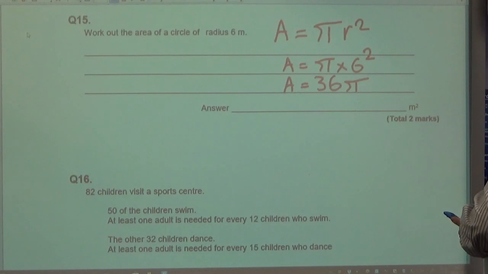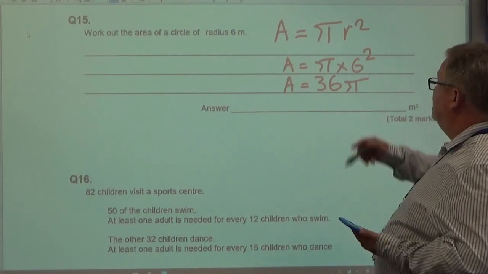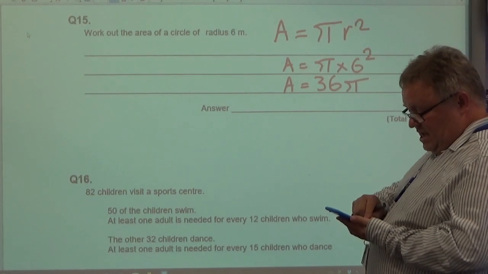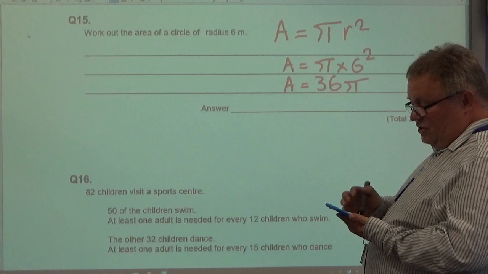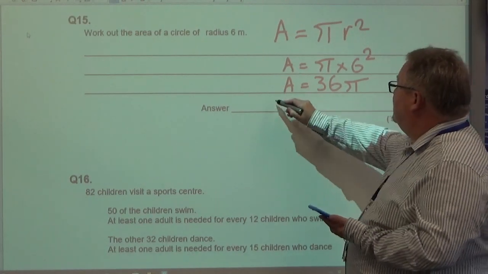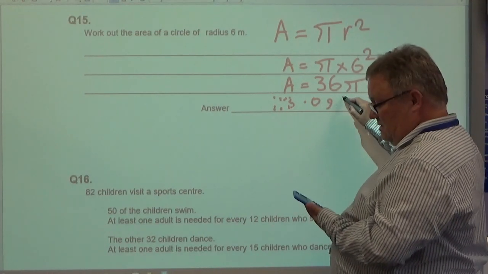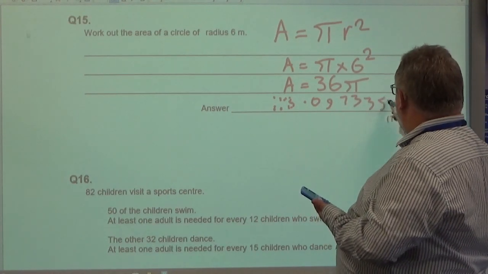I'm just having a quick glance at the mark scheme here. Yeah, 36 pi would absolutely be fine, but if you want to multiply that by pi, you're going to get something like 113.0973355.